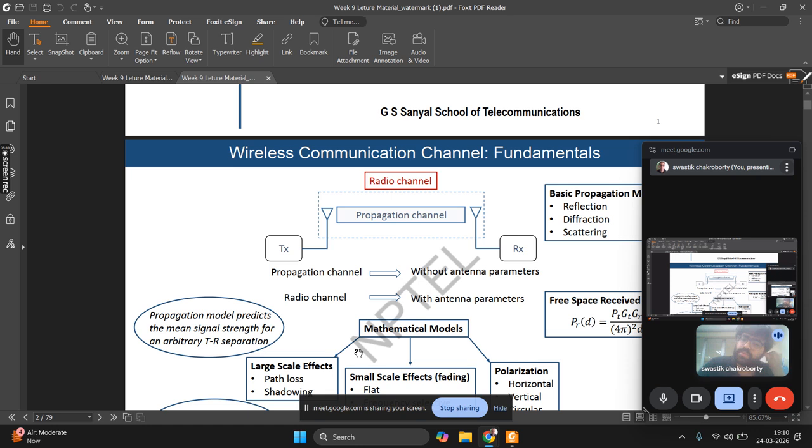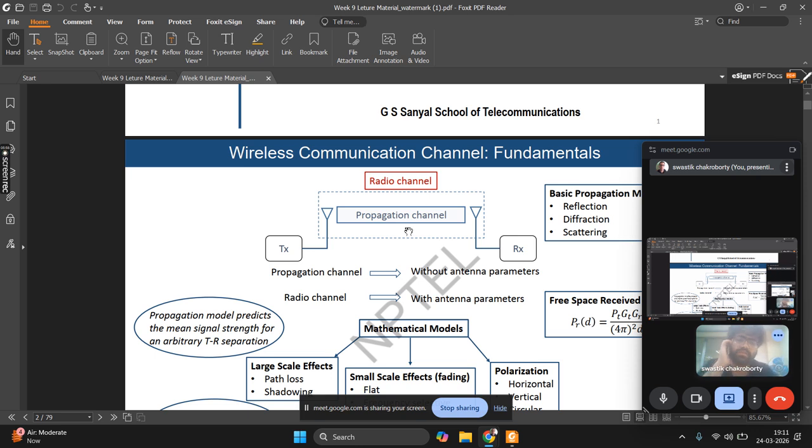The propagation channel is the intervening medium between the transmitter and receiver. It can be free space, it can be air, it can be some environment with blockage, it can be some wall, tree, anything. So all that is between the two communicating devices is together cumulatively called the channel.